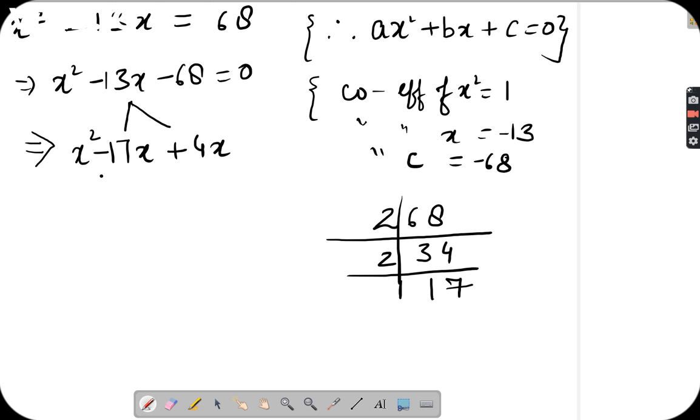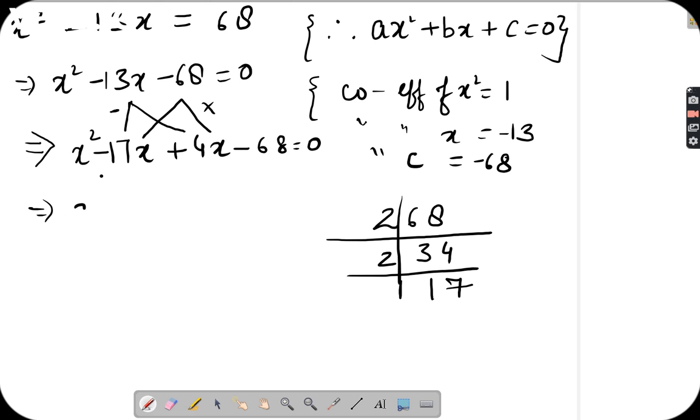That means this part is fulfilled. Now if you multiply these two values, minus 17 into plus 4, this gives minus 68. So on multiplication we get the constant value, and on subtraction the middle value. So we write minus 17x plus 4x, and minus 68 as it is, equals 0.